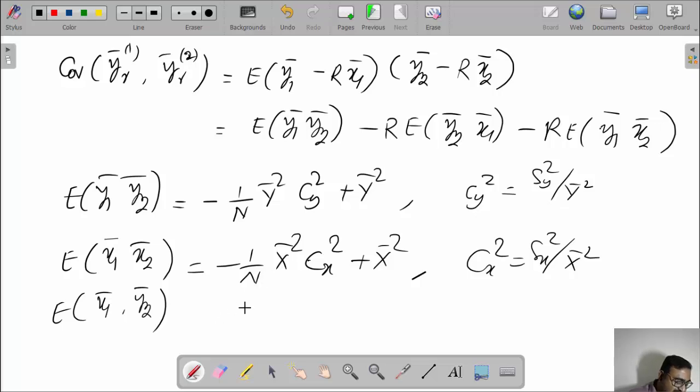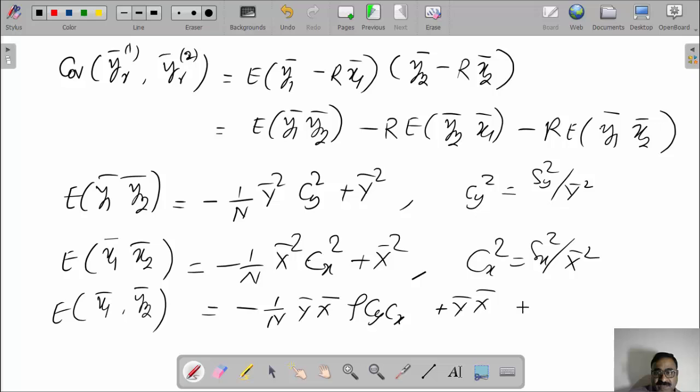Proceeding in the similar way, we can get this is equal to minus 1 by n y bar x bar rho Cy Cx plus y bar x bar, that is also equal to expectation of y1 bar x2 bar.